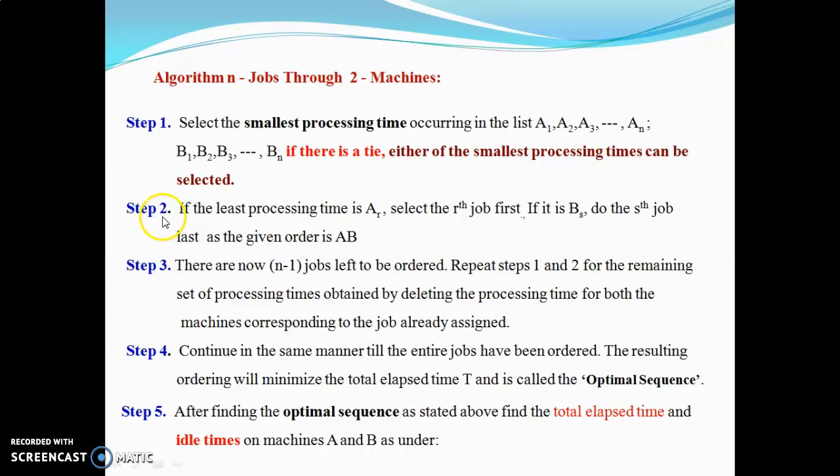Step 2: if the smallest processing time is AR, select the rth job first.